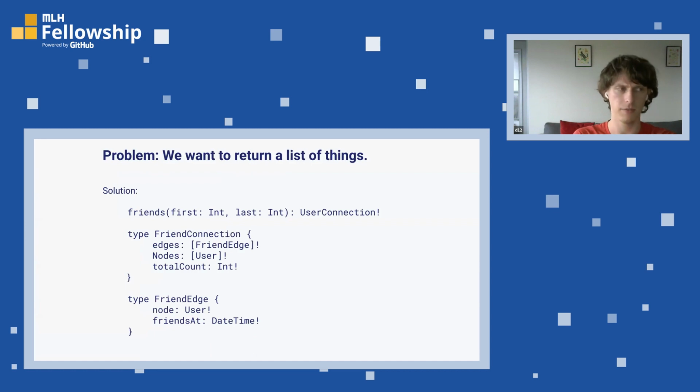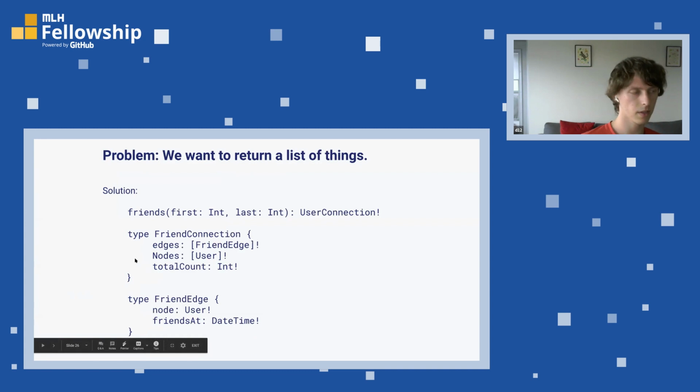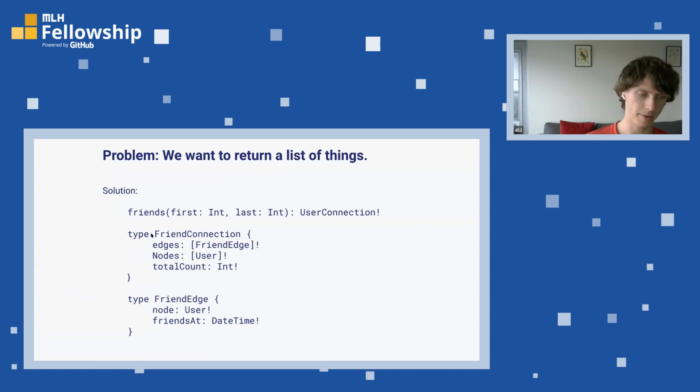Is anyone else still confused about anything there? Yep, no worries. So this is the type of thing where really just playing around with it can help a lot. The cool thing about the GitHub API, I'm pretty sure it's the largest public GraphQL API out there.